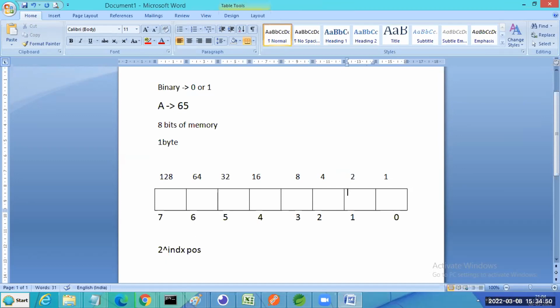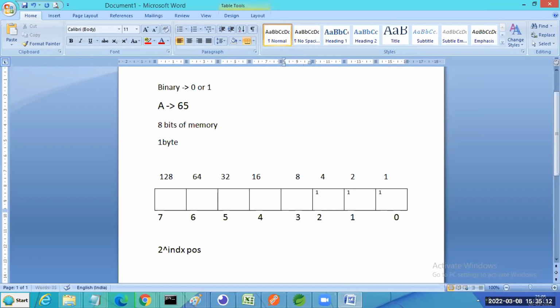How do I write 65 in binary? What is the binary equivalent for 7? Triple one, or 0 0 0 0 0 1 1 1. Yes, that is fine.